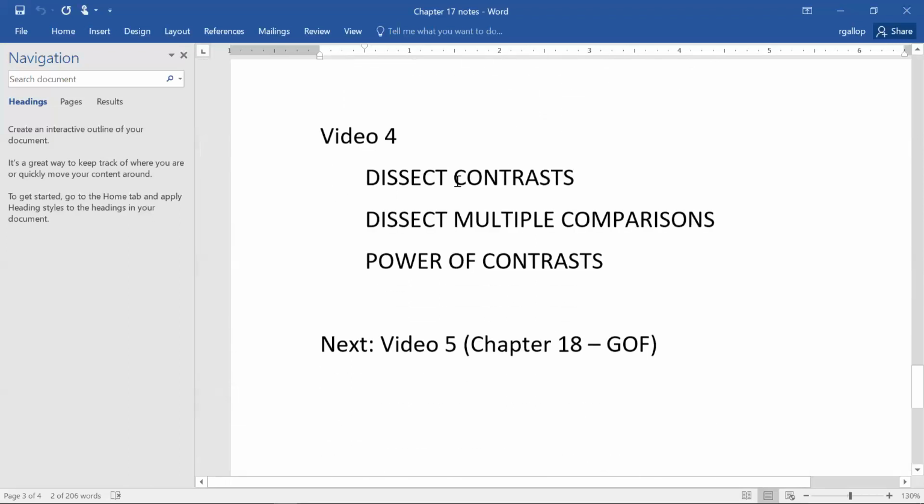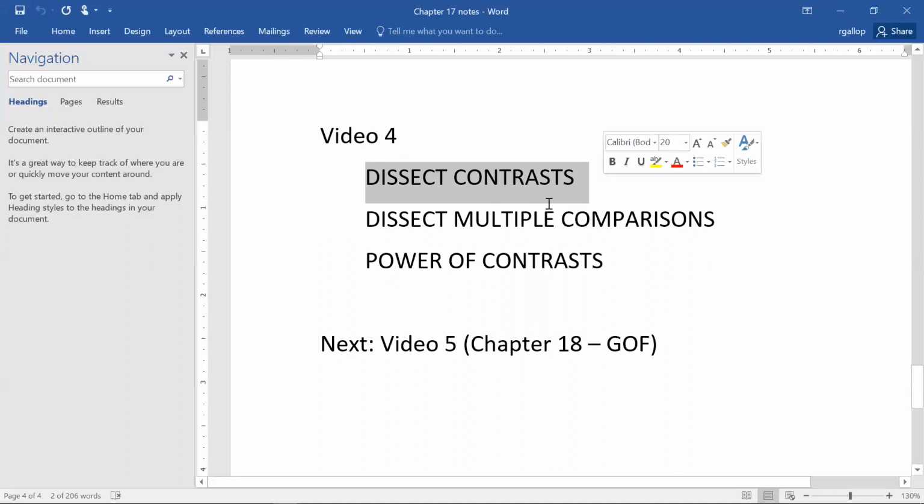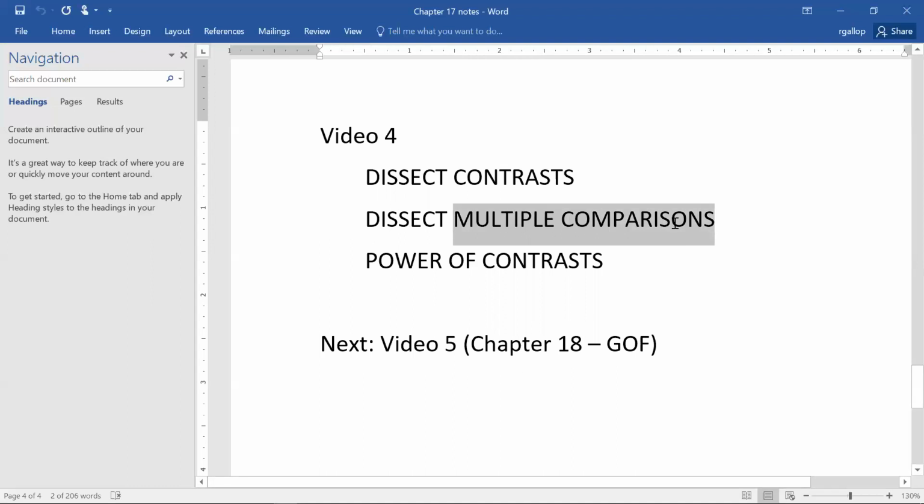And that's what we want to do in video 4, is dissect the contrast. From the contrast, get into the topic that we introduced in video 3, this idea of multiple comparisons. And we'll really get into a couple of the different approaches for dissecting the multiple comparisons, and then power for the contrast that we'll talk about.